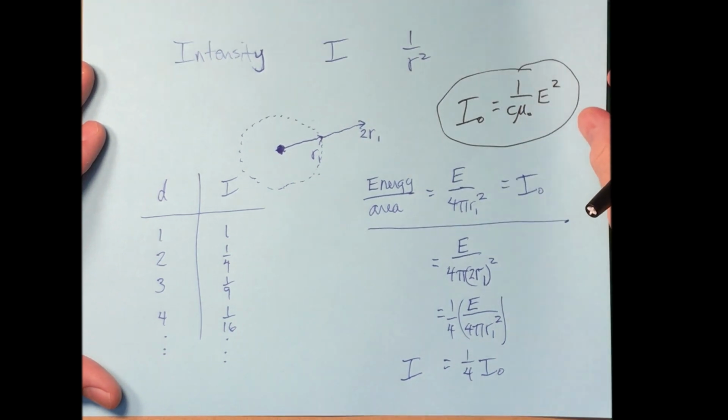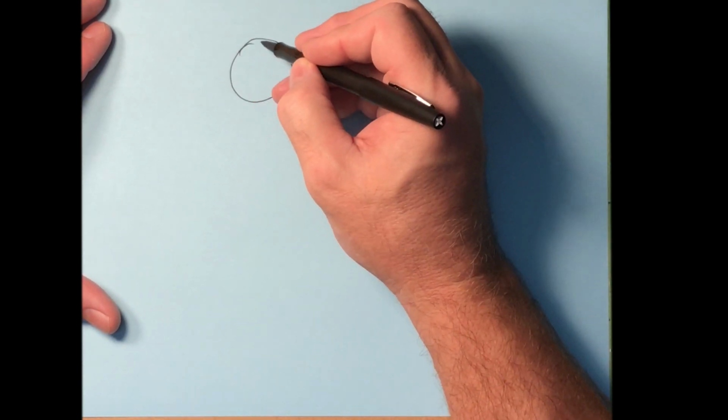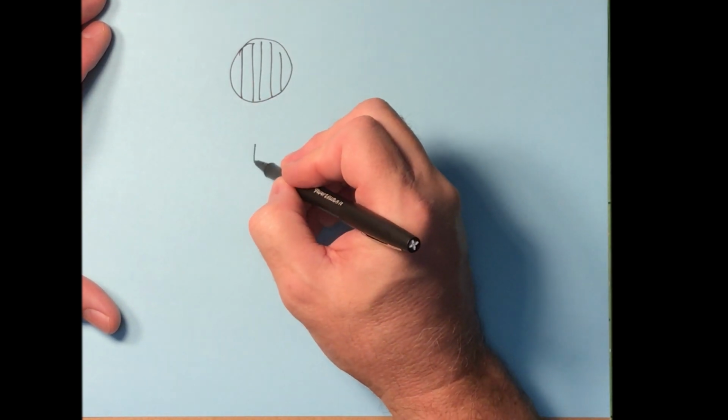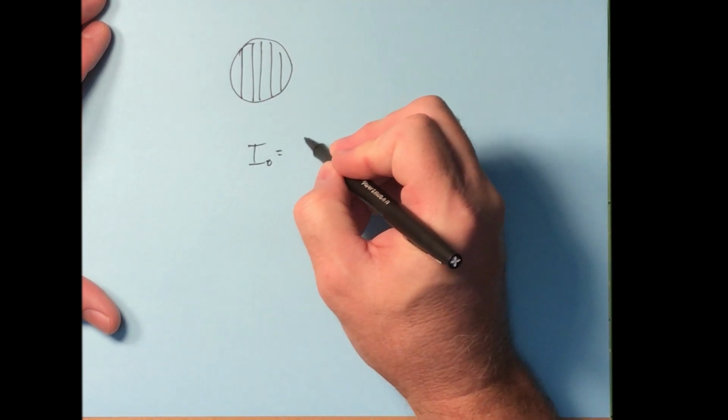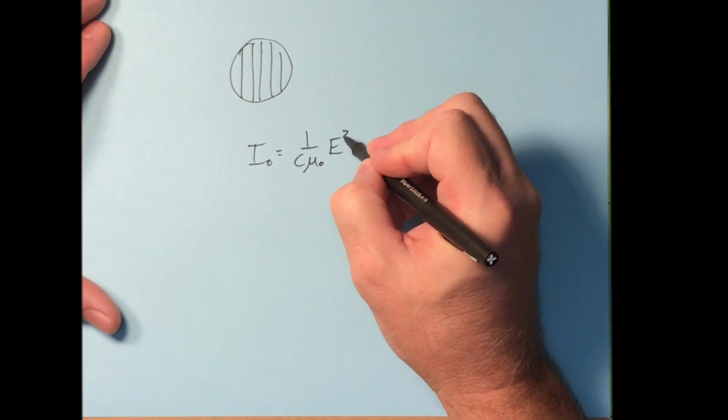Now, let's use that information to talk about Polaroids one more time. So let's suppose that we have a Polaroid lined up this way. We have some initial intensity going in, I naught, 1 over C mu naught E squared.